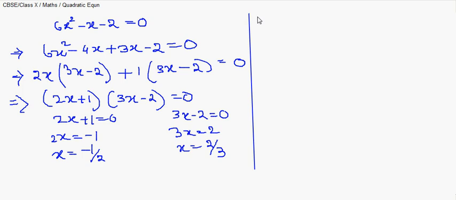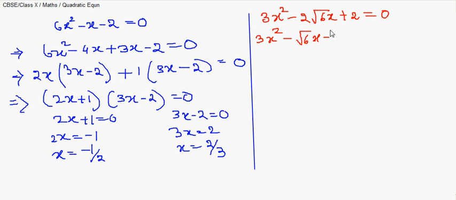Next one I can manage on this space, I guess. It should be 3x square minus 2 root 6x plus 2 equals 0. Here we have to think to get 6, as A and C give us 6, so it is 3x square minus root 6x, and another root 6x gives us 2 root 6x, and when multiplied will give you 6.